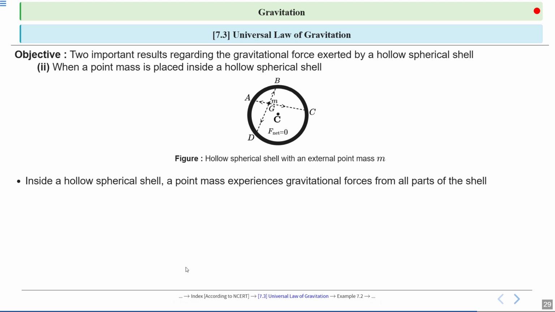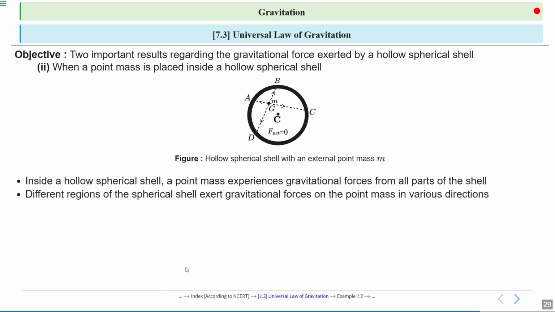So when a point mass is inside the hollow cell, it experiences gravitational forces from every part of the cell. This is because each segment of the cell exerts a gravitational pull on the mass. These gravitational forces act in various directions due to the spherical symmetry of the cell.